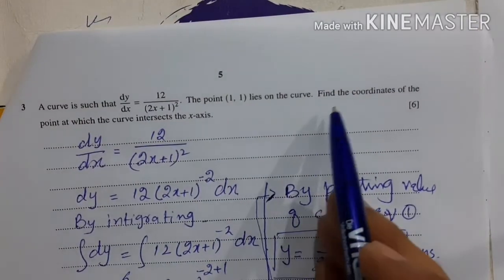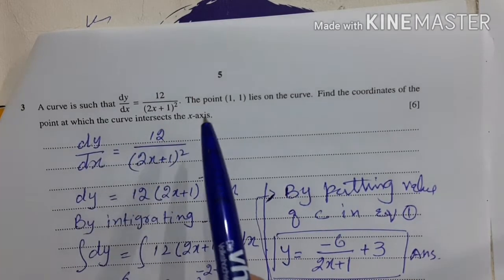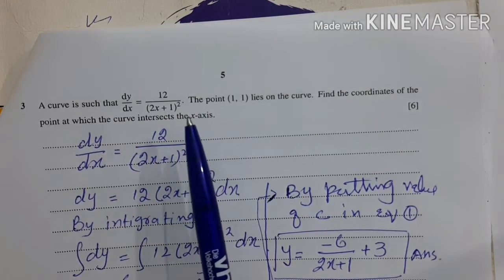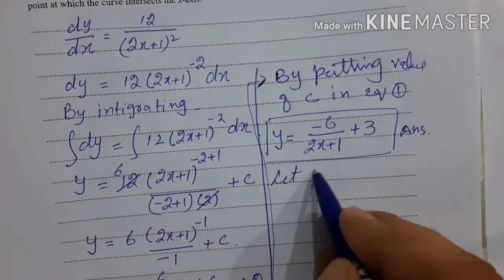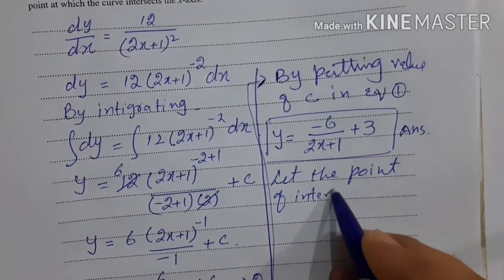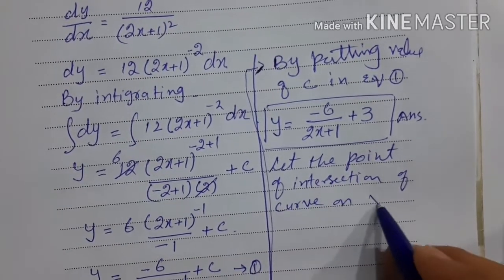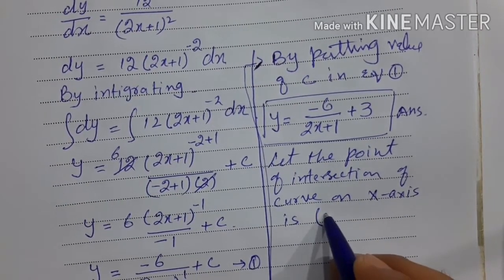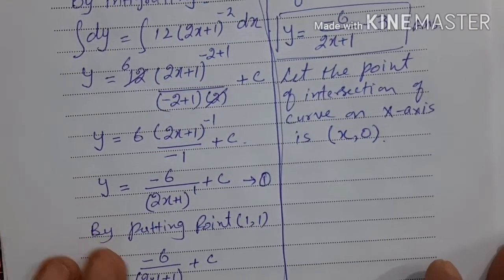Now I need to find the coordinates of the point where the curve intersects the x-axis. As you all know, on the x-axis all the y coordinates of the points are 0. So let the point of intersection of the curve on the x-axis be (x, 0), because all the y coordinates will be 0 on the x-axis.